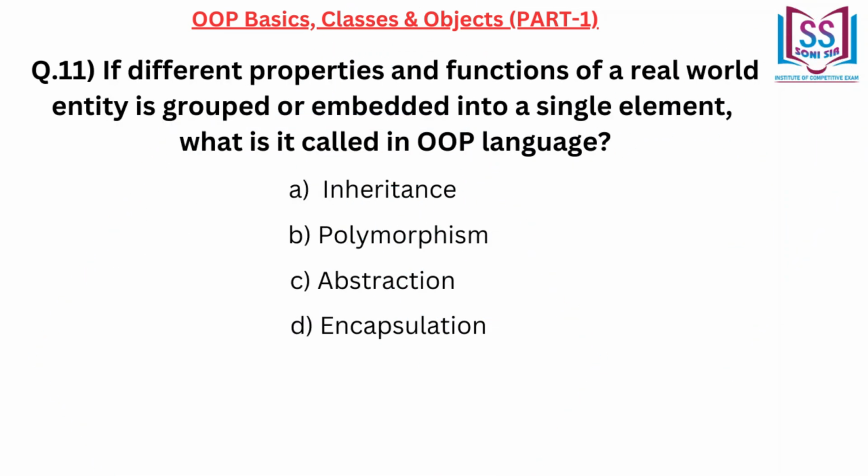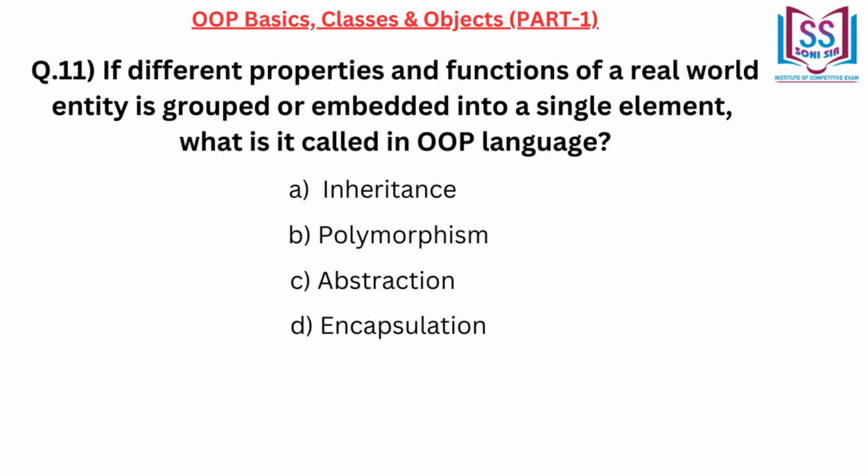If different properties and functions of a real-world entity are grouped or embedded into a single element, what is it called in an OOP language? A. Inheritance. B. Polymorphism. C. Abstraction. D. Encapsulation.